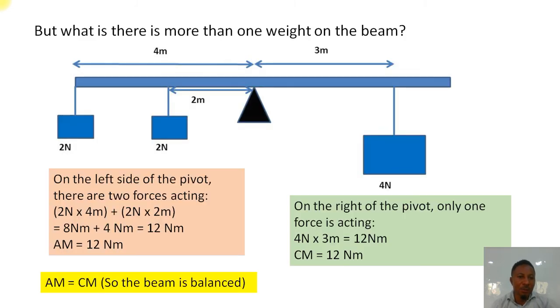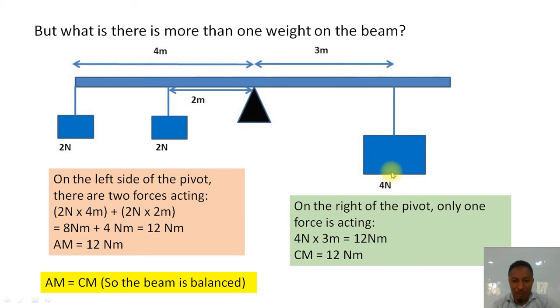All right, now let's look at this question. In this question we have 4 newtons supported at the right hand side of a beam, and then 2 newtons supported at the left hand side at different distances. So by applying the principle of moment, we can check and see if this support is actually in equilibrium, or balanced state.